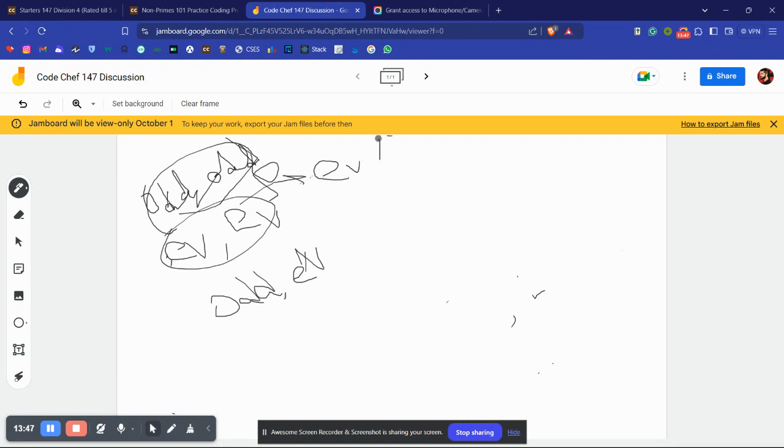And we know that except 2, all even numbers are composite numbers. So we are searching for a composite number among these combinations.